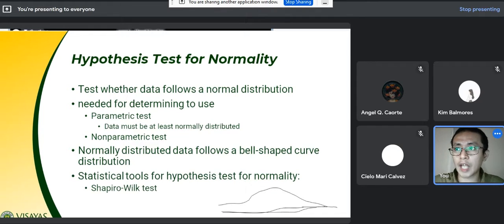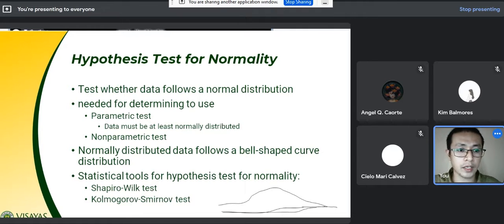In the hypothesis test for normality, we have two statistical tools that we can use. These are the two most common statistical tools used to perform the hypothesis test for normality. One is the Shapiro-Wilk test, and the other is the Kolmogorov-Smirnov test.